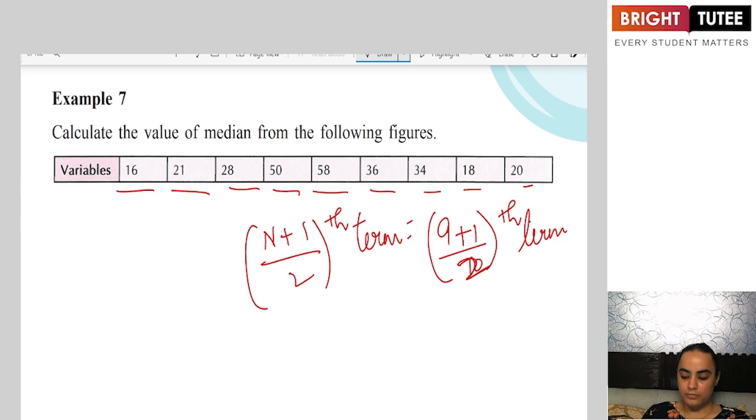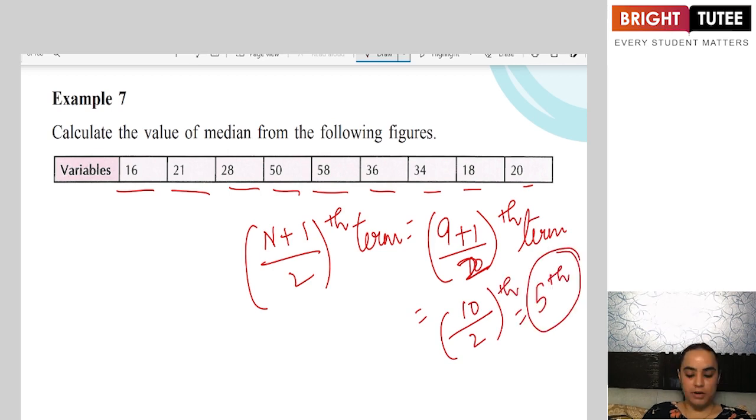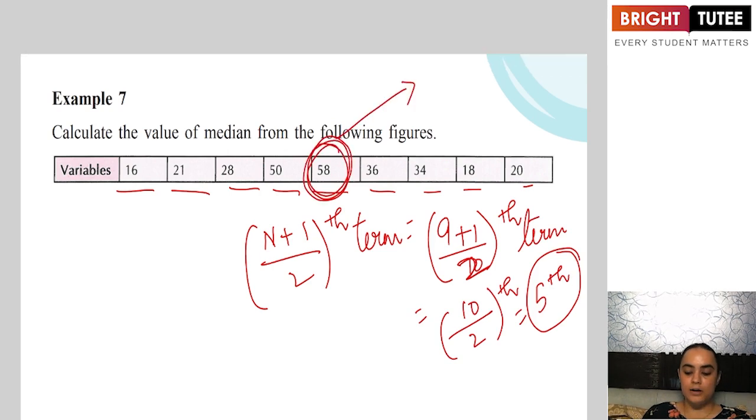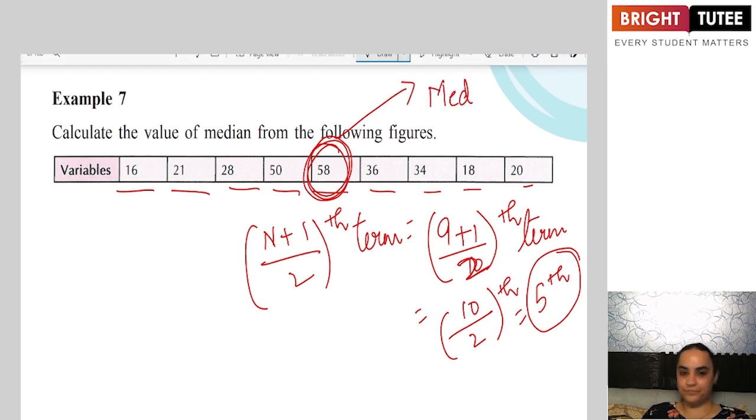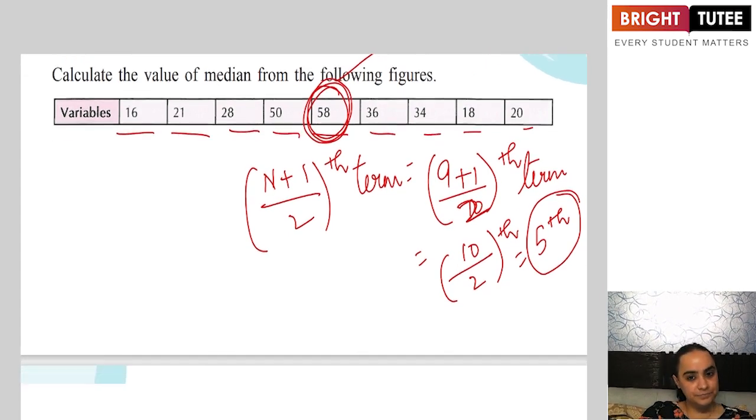What is it? 10 by 2th term, which is the 5th term. So what is the 5th term of the series? 1, 2, 3, 4 and 5. So my median in this series is 58. Simple enough, you simply had to apply the formula and calculate the median.